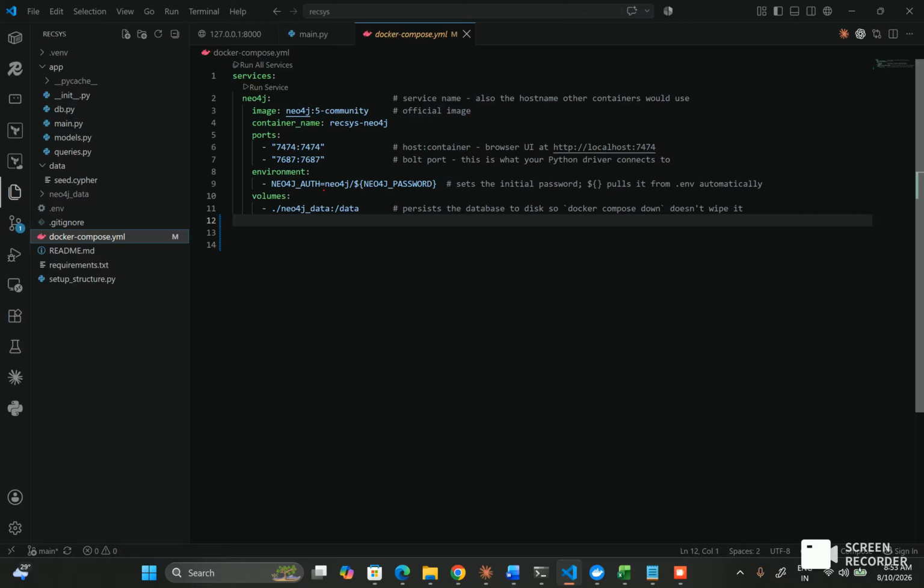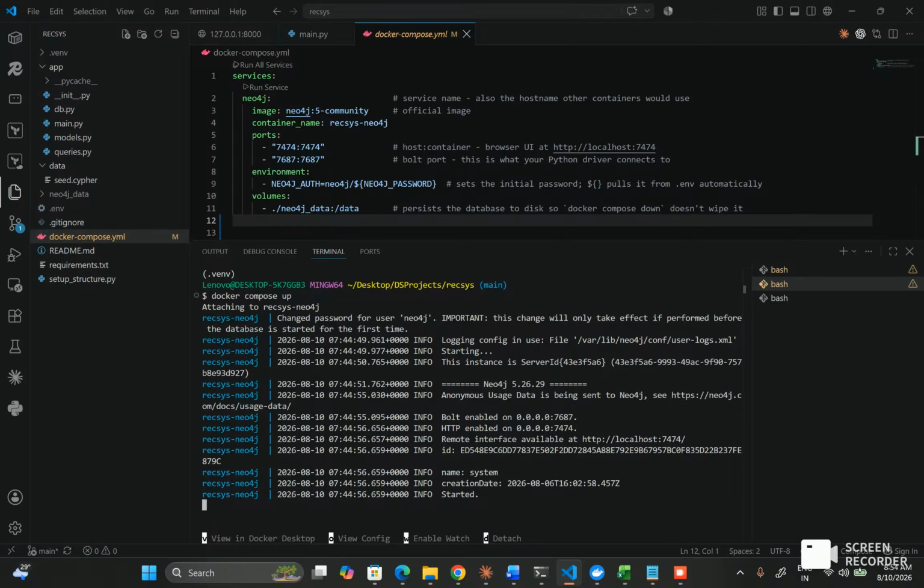Port 7687 is the Bolt protocol for the Python driver, not for humans. And this volumes line is why the data survives every time I stop and restart the container. I can prove that to you right now. The container has been running the whole time I've been talking. This is docker compose ps, so it's up and has been the whole time.